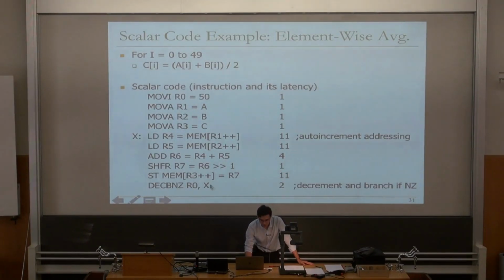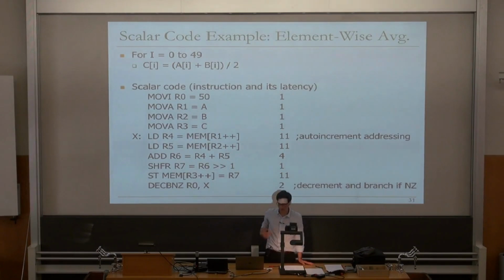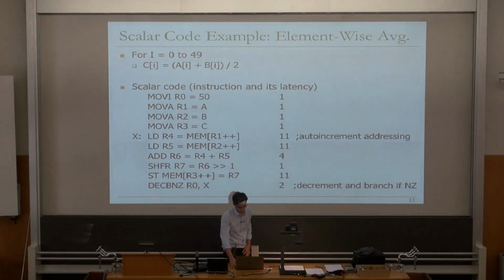We repeat this 50 times, and that's why we need to have this decrement and branch if not 0. So we decrement and we check whether the value of this register is 0 or not. If it's not 0, we jump and go again to execute the loop.